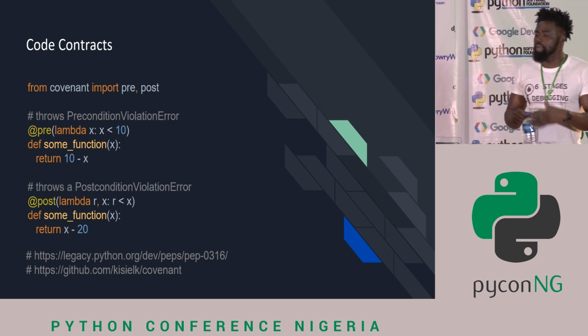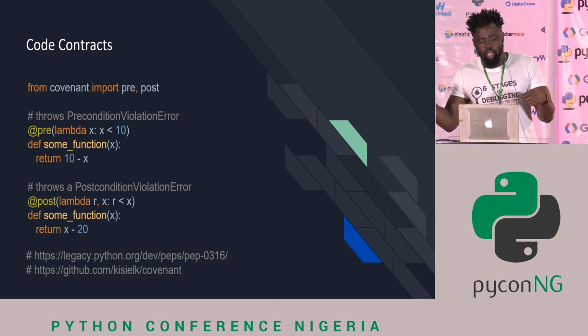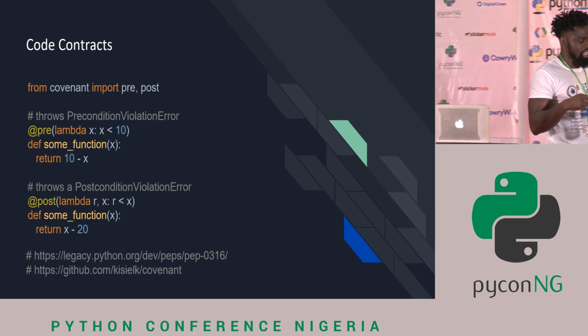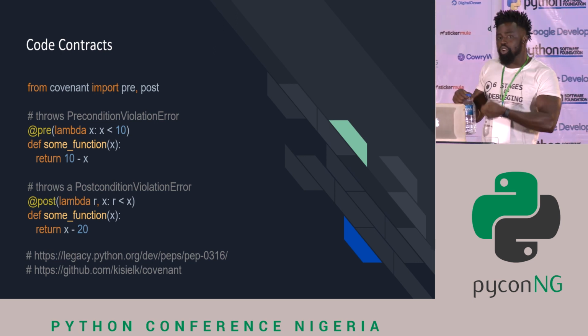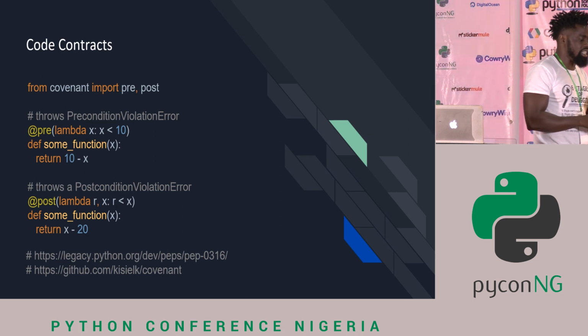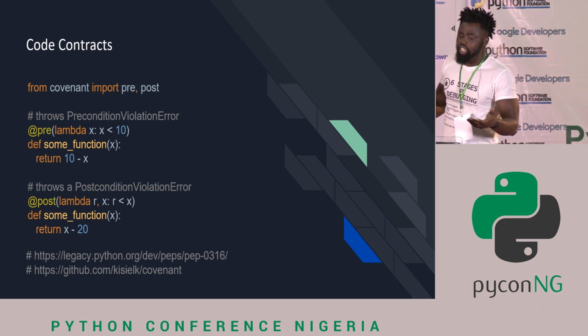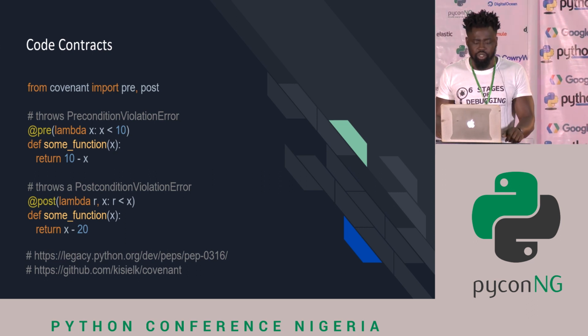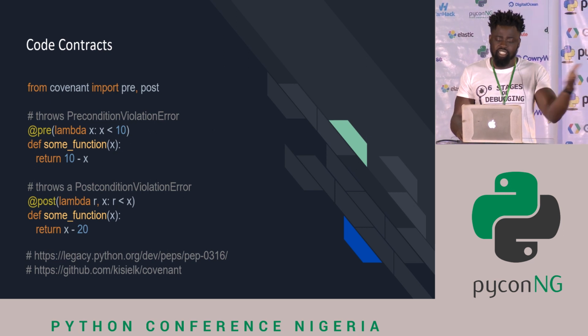What type enforcing does is check if your value is of a specific type. But what a code contract does is a sanity check on the value, so you can run functions on objects to see if they comply with a logic that you specify in your decorator. For example, in this sum function, we're checking if the parameter x is less than 10.